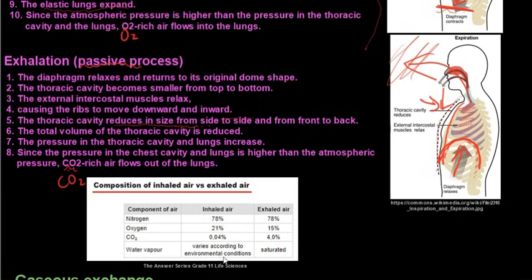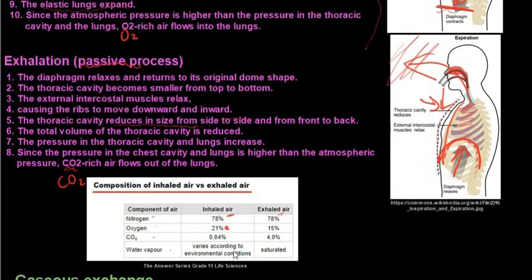And I've given this because they have asked this previously, the composition of inhaled air versus exhaled air. So as you know, air is made up of nitrogen, oxygen, carbon dioxide, and then a little water vapor. But if you look at the numbers of inhaled versus exhaled air, you'll see that nitrogen stays the same.